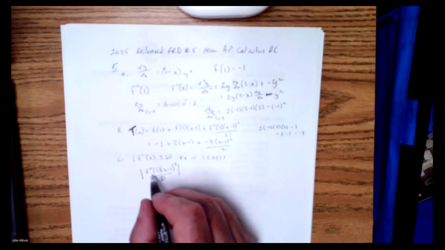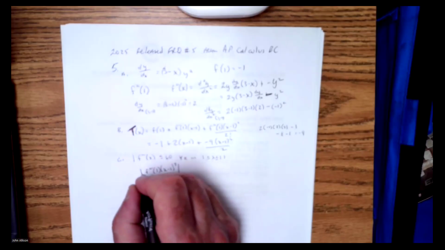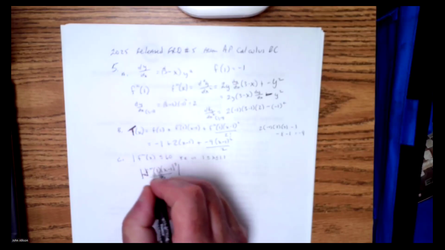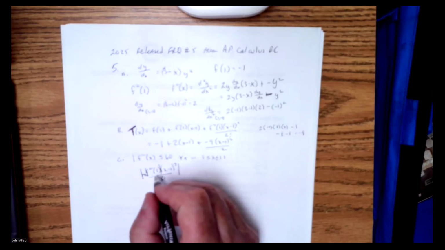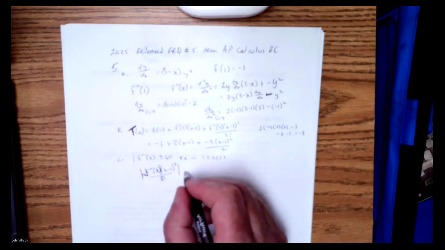And this is going to be the maximum value in the interval. So this is going to be the max for f triple prime of x.